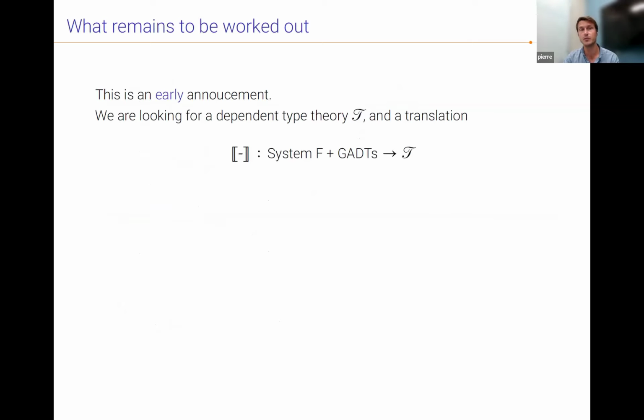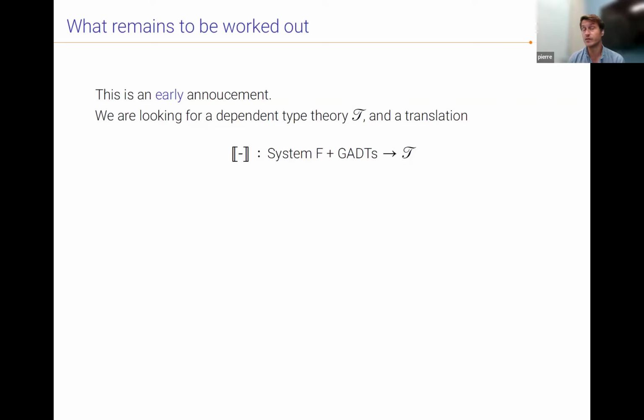What we want to do is that we are looking for a dependent type theory T and a translation from the thing that we want to consider parametric, so system F plus GADTs, to that type theory. And that's why I said that we are talking about external parametricity, because you see that the dependent type theory is a priori much bigger than the thing on the left.